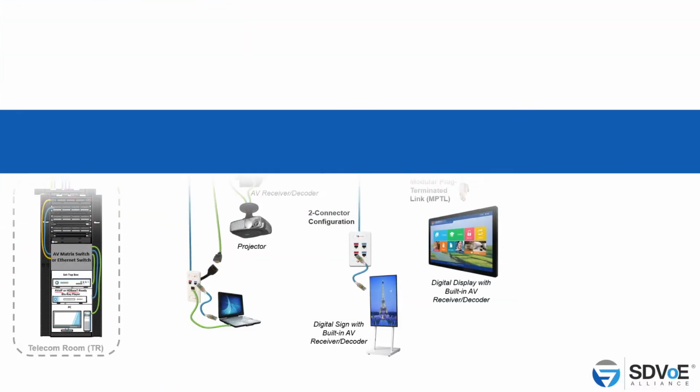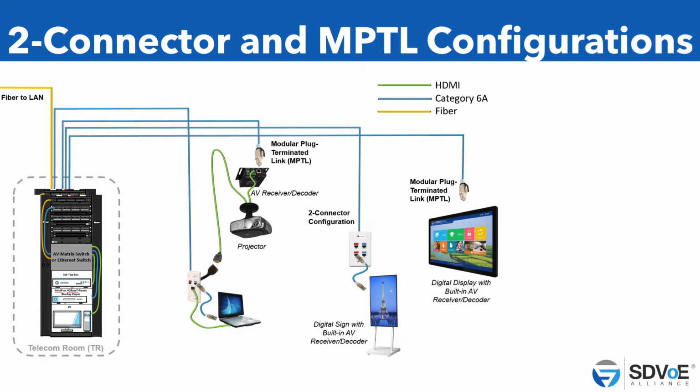In the old days, you used to be able to terminate an RJ45 connector, and that really sort of ended with the end of Category 5E. When Category 6 came onto the market, you couldn't terminate a Category 6 cable onto an RJ45.